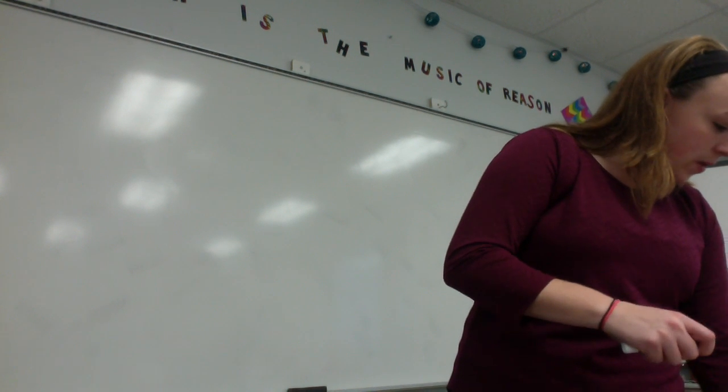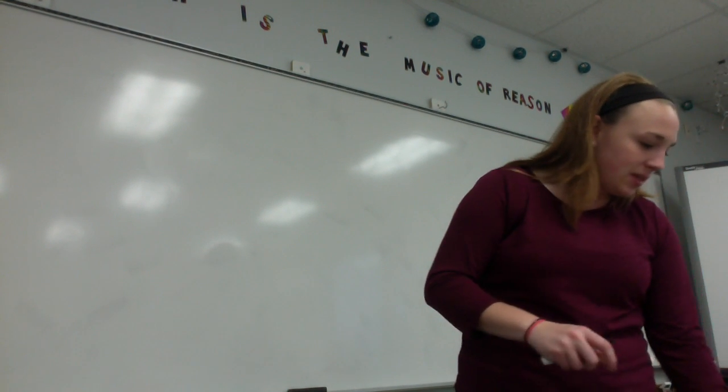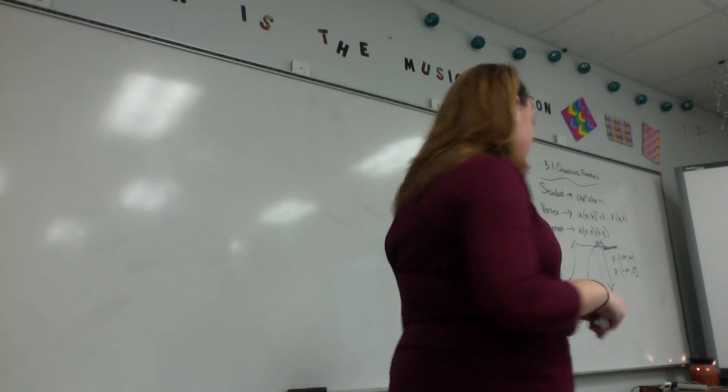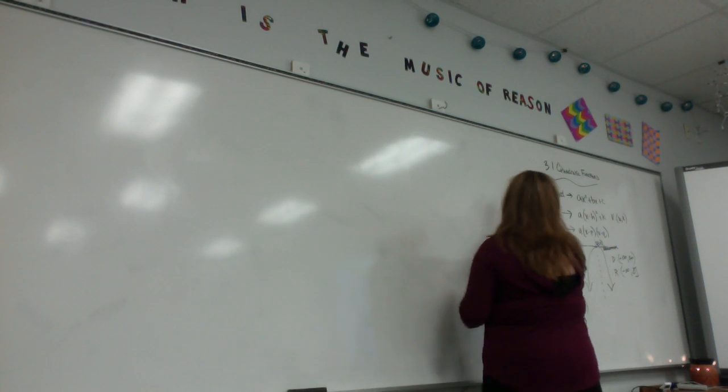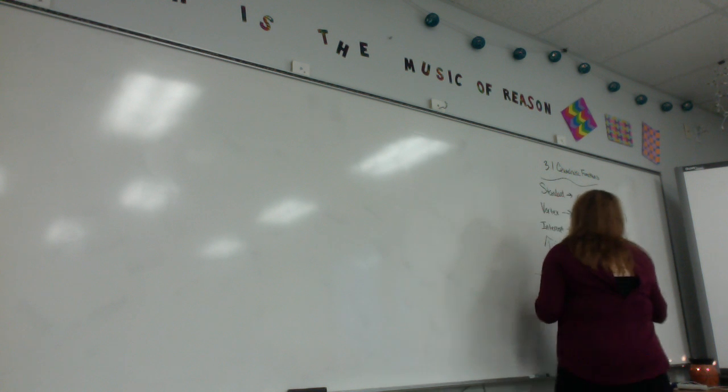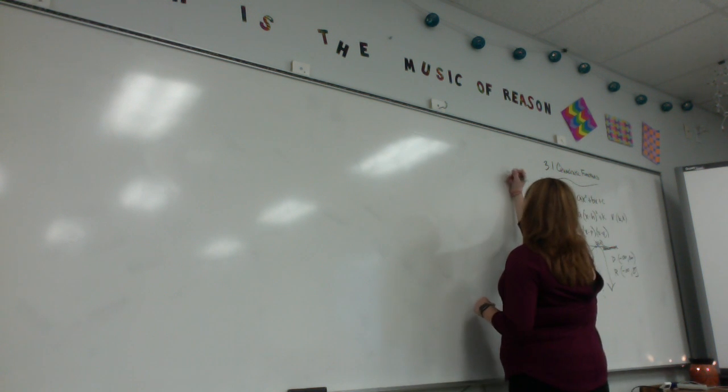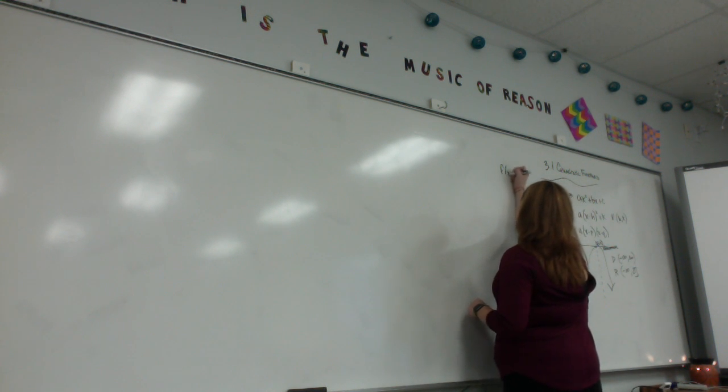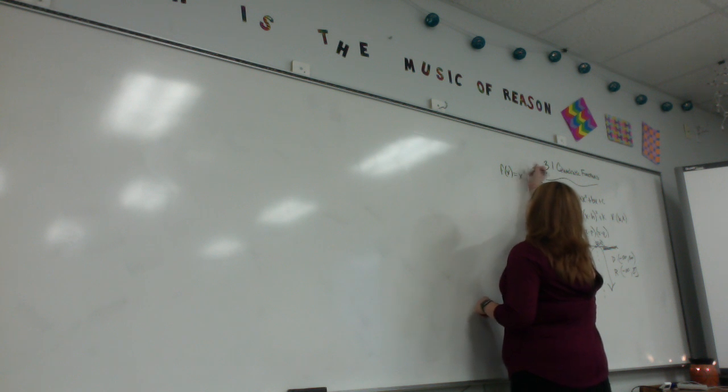Okay, so we're going to just practice graphing some of these, sketching these graphs, and then comparing them to the parent function. Your parent function is simply x squared. f of x equals x squared is my parent function.